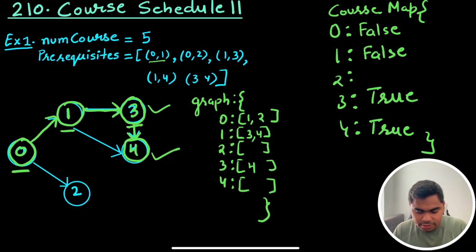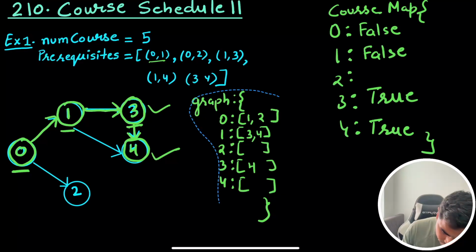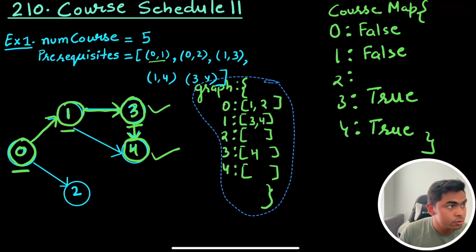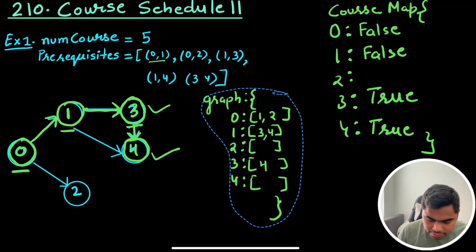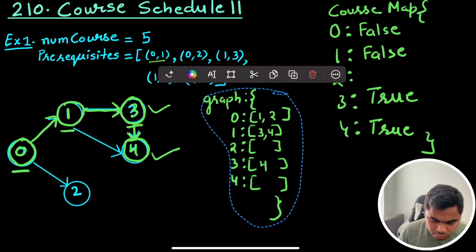And right here, guys, this is of no use, so I'm just removing this. It was just to tell you that these are the neighbors. We'll be traversing the graph using this adjacency list, but right now it's not of use.